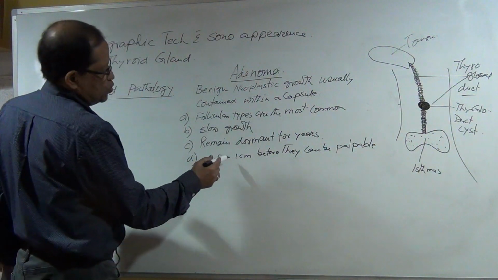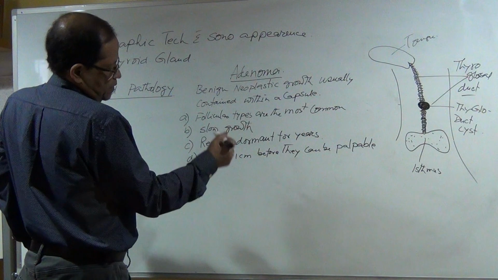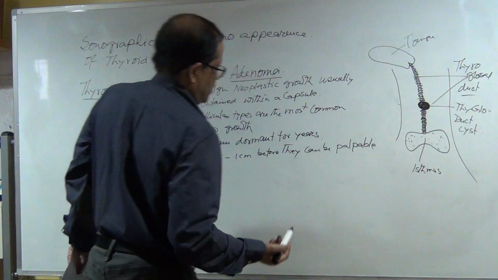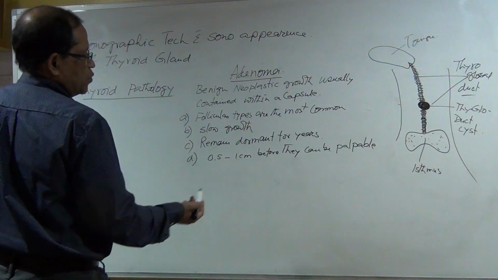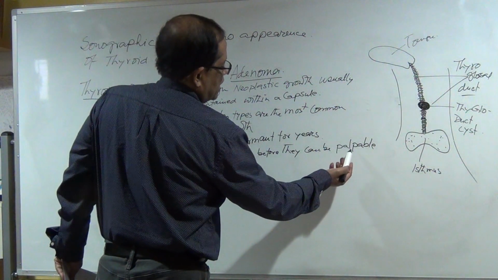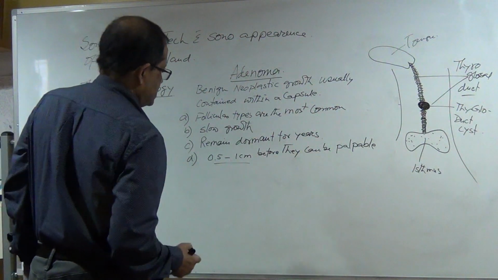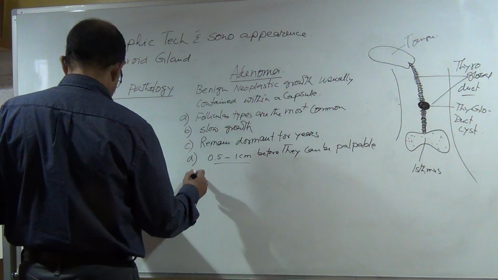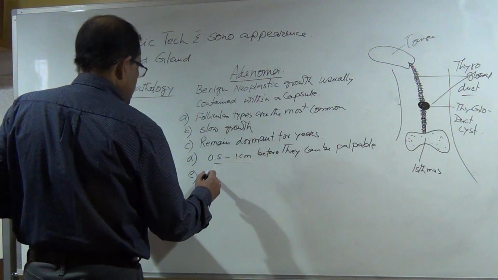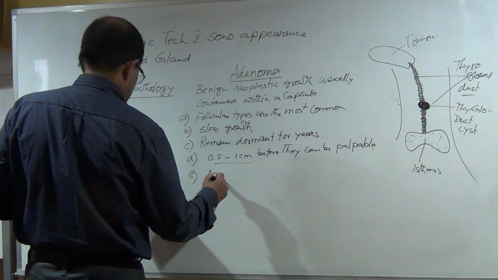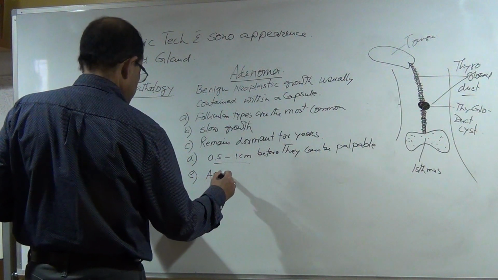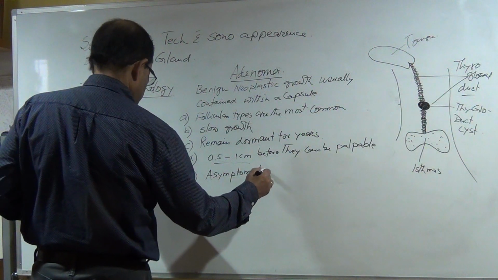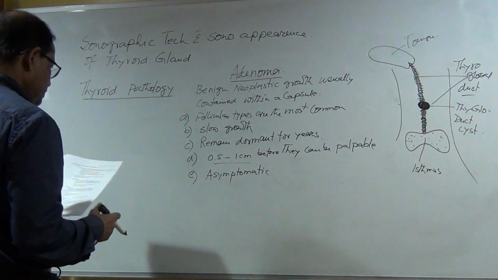When they come up, they can be palpable, and that means when they get palpable, the size is at least 0.5 to 1 centimeter. It is typically asymptomatic.